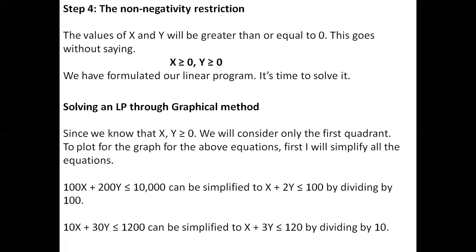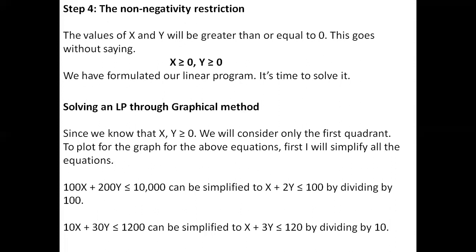It can be simplified by taking 100 as a common factor: x plus 2y less than or equal to 100.